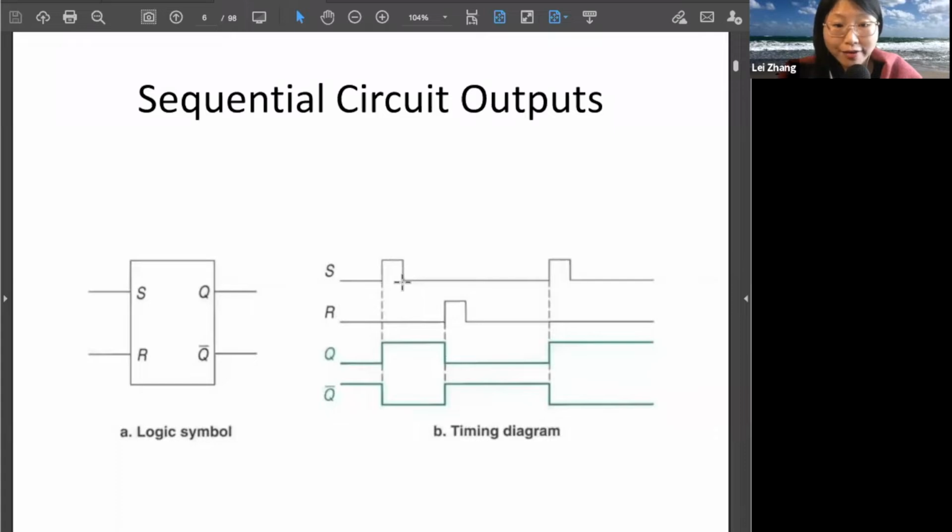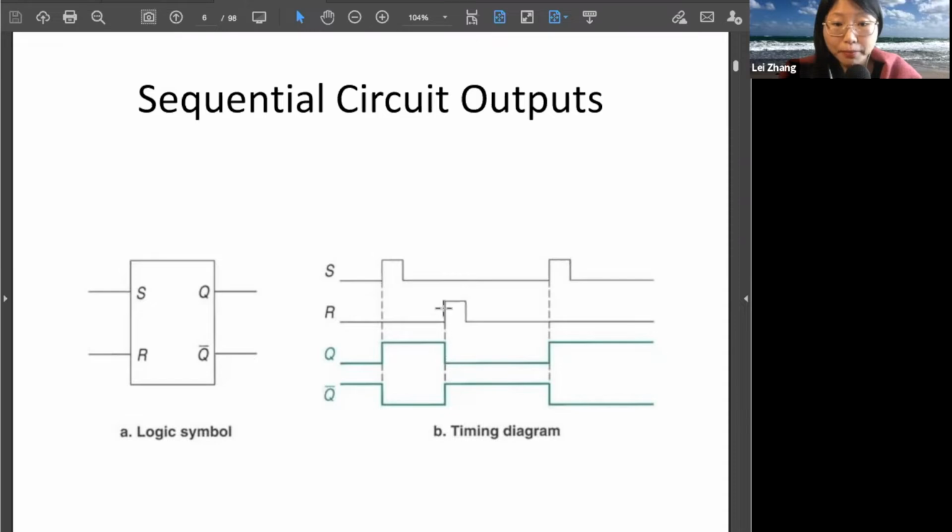Whenever S and R are both 0, Q and Q naught remain the same, until R is set to 1.